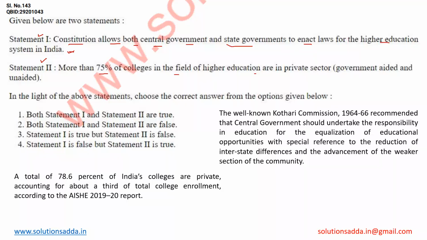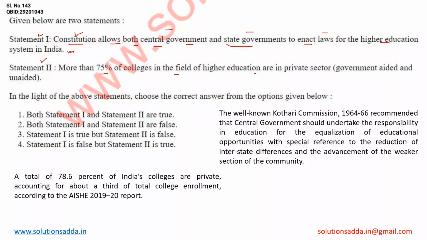According to the information given on the official websites of the Indian government, we could conclude that according to the Indian Constitution, it is true that both central government and state government can enact laws for the higher education system in India. Let's read more facts about this.